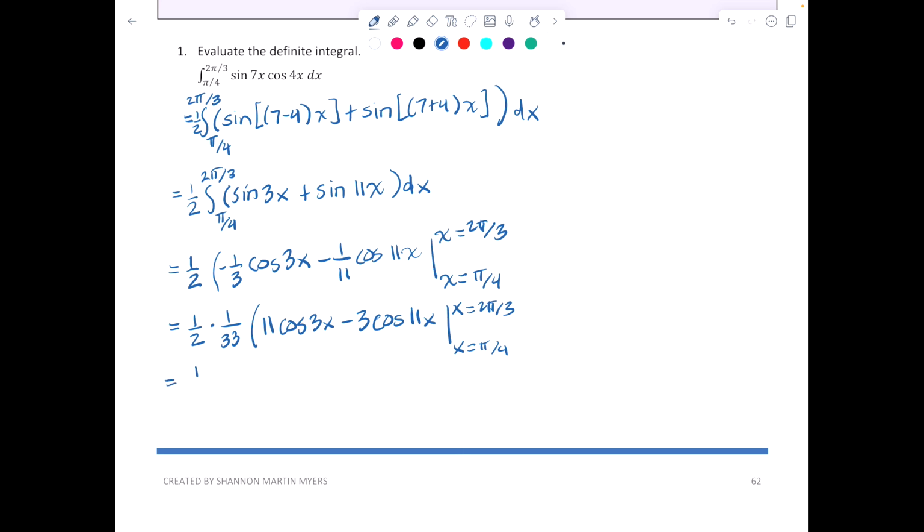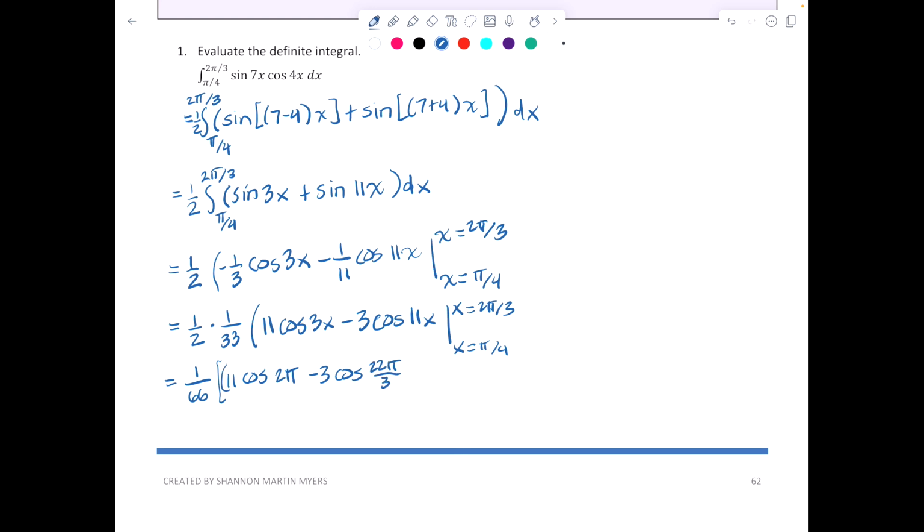So now putting these together, we have 1 over 66. Now, here we go, upper limit of integration. We will have 11 times cosine of, when I plug in 2 pi over 3 for x, I get 6 pi over 3, which is 2 pi. We good so far? And then minus 3 times cosine at 22 pi over 3.